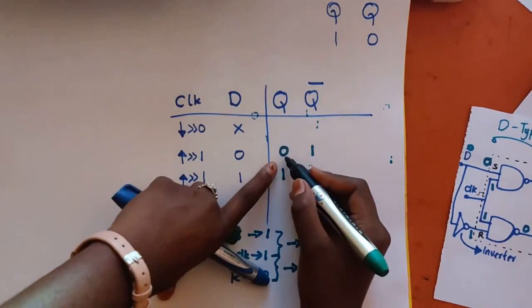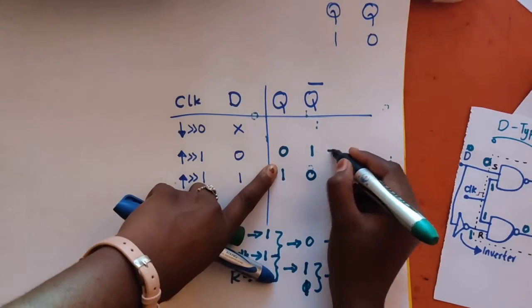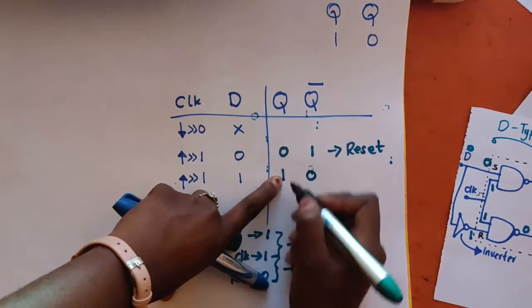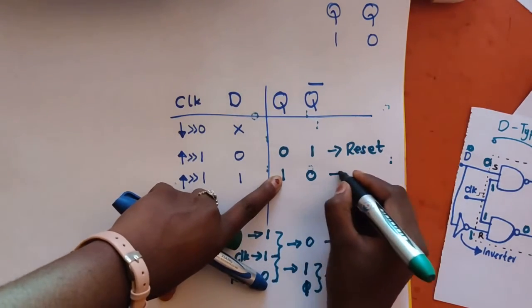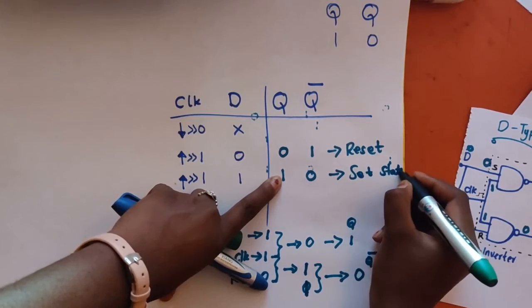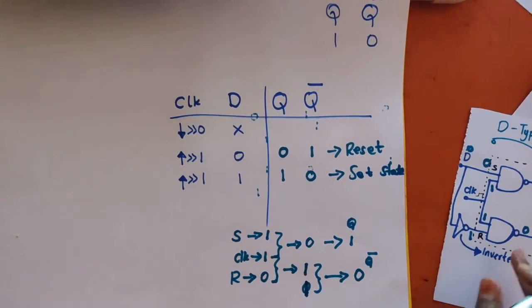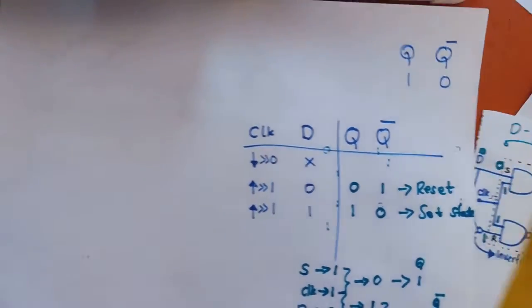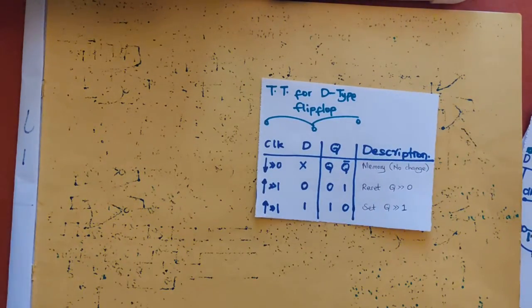Whenever Q is 0 and Q naught is 1, this is the reset state. And whenever Q is 1 and Q naught is 0, this is the set state. Okay? So that's what we have for our D-type flip-flop. Let me just show you when it's completed. So this is what we have.